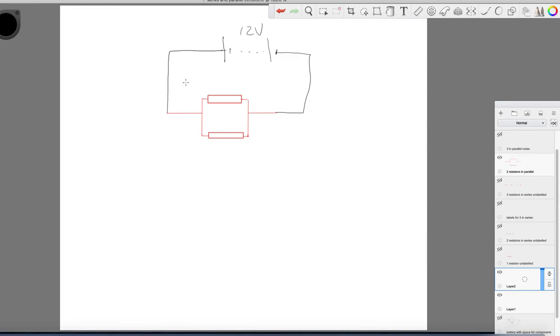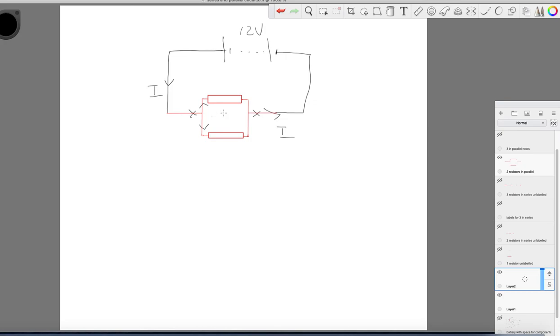So, what we said before was when the current comes around the circuit, all of it had to go through one and then the other. Well, here, when the current gets to here, it splits. Some of the current goes that way, some of the current goes that way. But again, whatever comes into this arrangement of 2 in parallel has to come back out again. So the same current that flows in here has to come out here. But some of it will go that way, some of it will go that way.